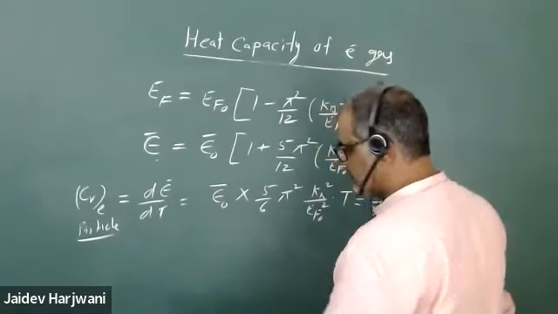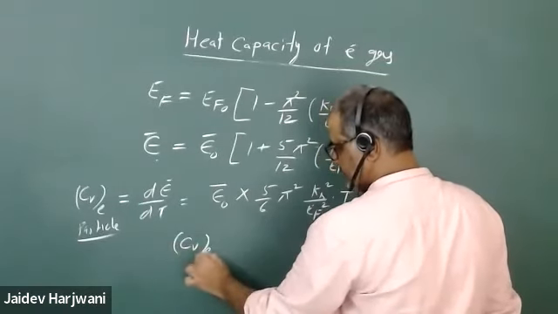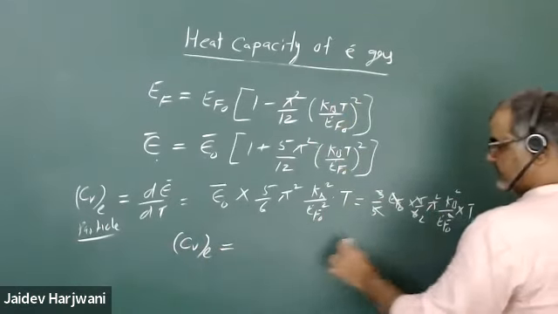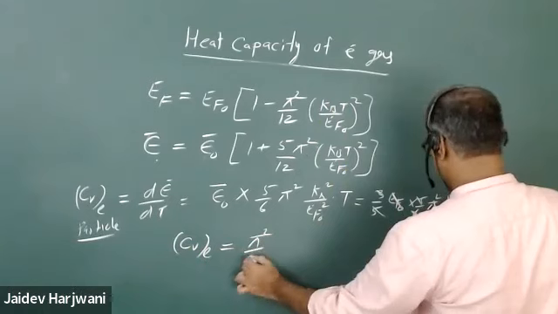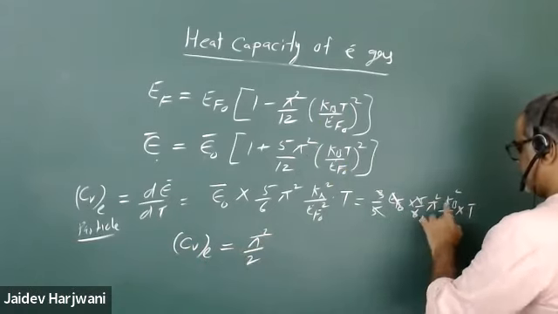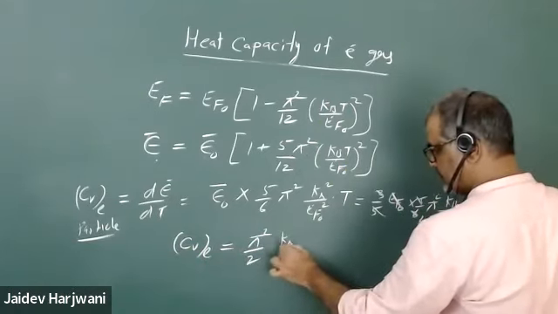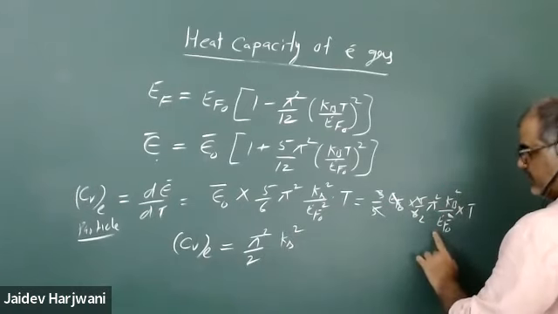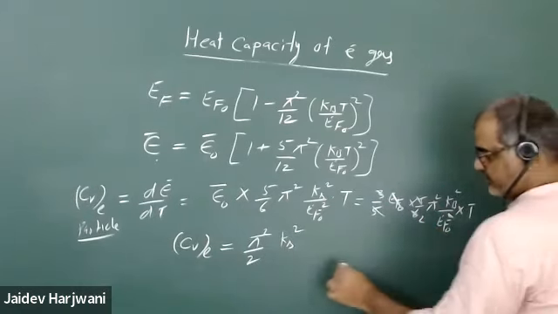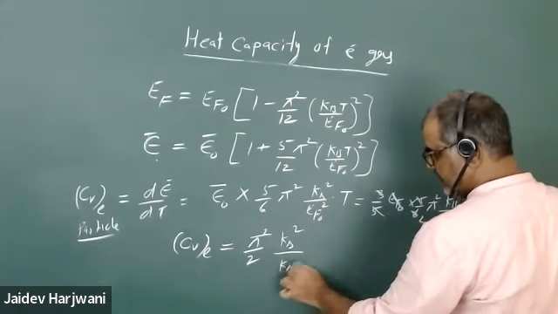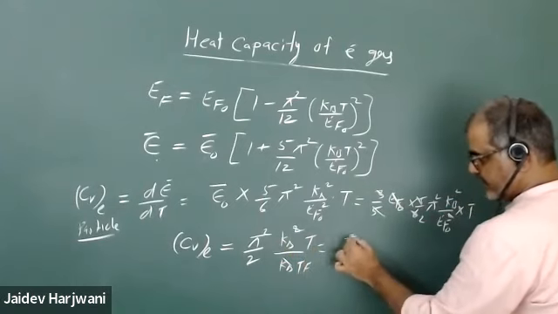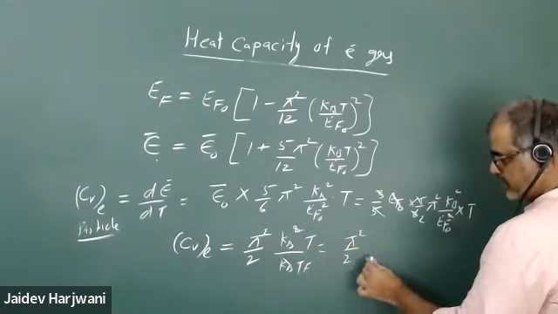If I solve this, it gives pi square by 2, again the same expression, kB squared. And if I put E_F equal to kB T_F, and this is T, so kB cancels, and I get pi square by 2 kB, times T by T_F.